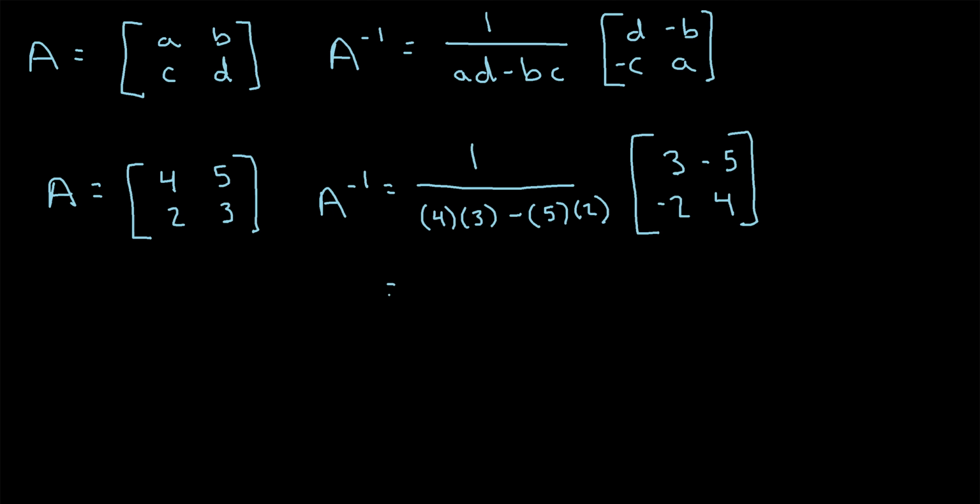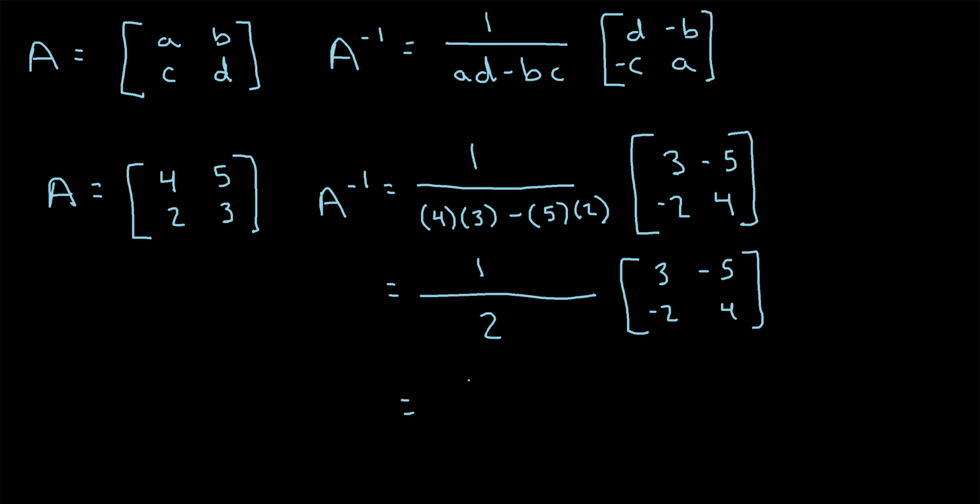Okay, so we get 1 over 4 times 3 is 12, 5 times 2 is 10, so 12 minus 10 is 2. So this whole thing becomes 1/2, and then we still have 3, negative 5, negative 2, and 4. So this tells us that we just need to multiply each value in this matrix by 1/2.